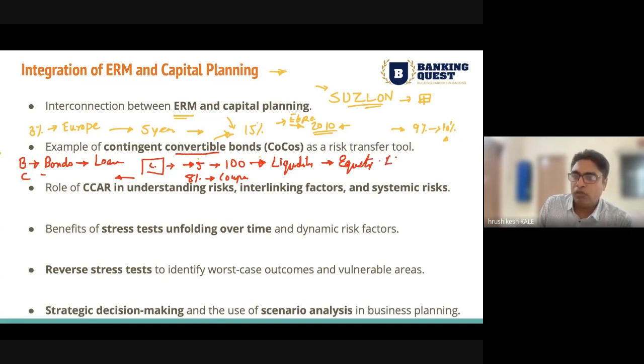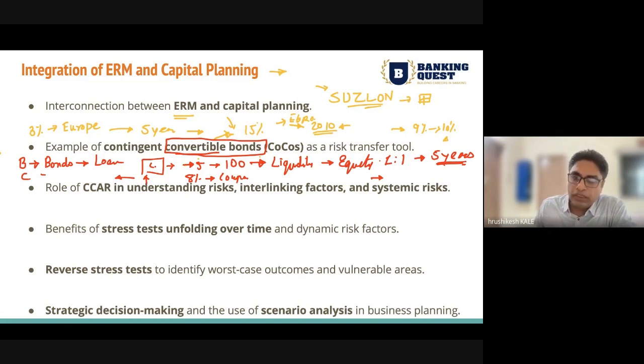Let's suppose 1:1. So a bond can be converted into equity shares. Those are called convertible bonds. Okay. So let's say there is a clause that after 5 years, the investor, the common retail investor or institutional investor who has invested in the bond, will have an option to convert the bond into equity share.